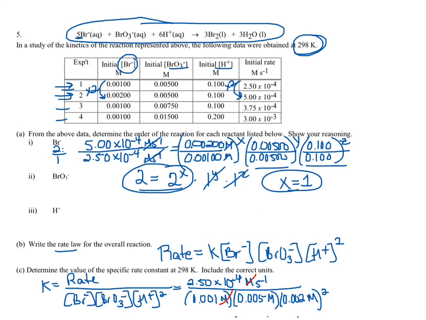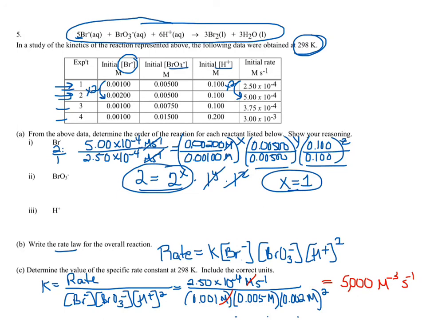If I plug this into my calculator, my final answer will be around 5,000 as my value of K, the rate constant, and my units would be M to the negative 3, s to the negative 1.